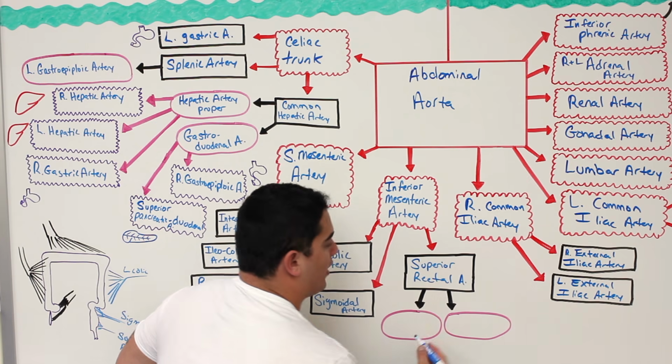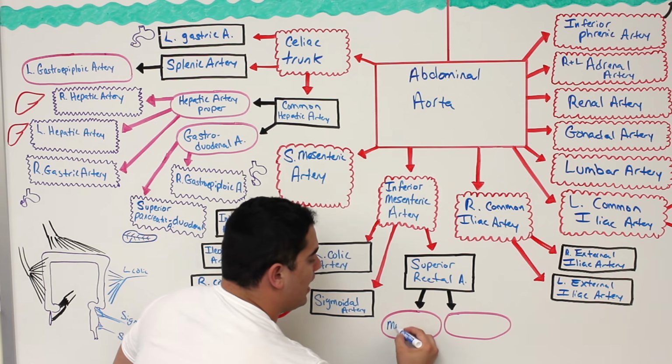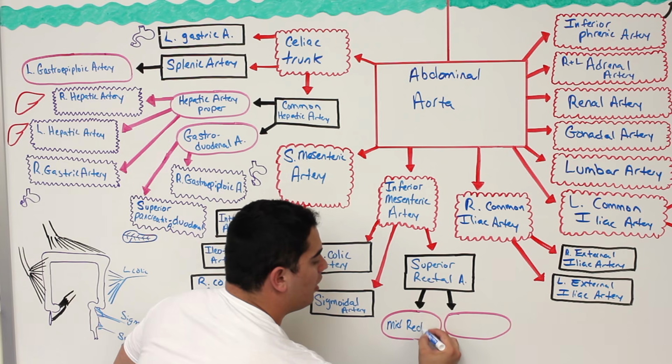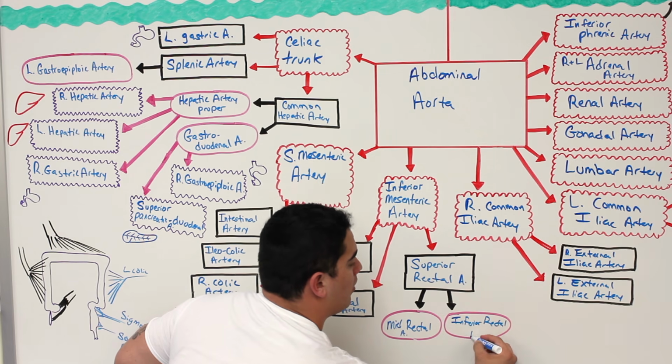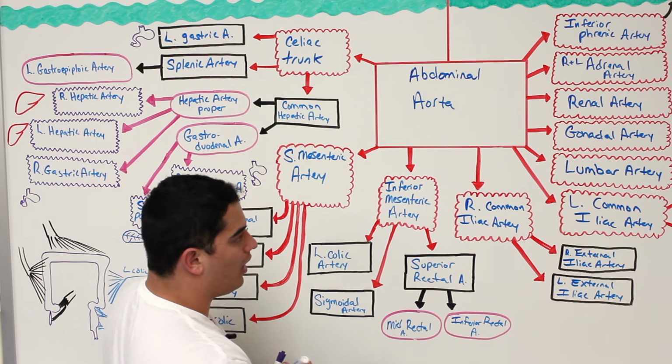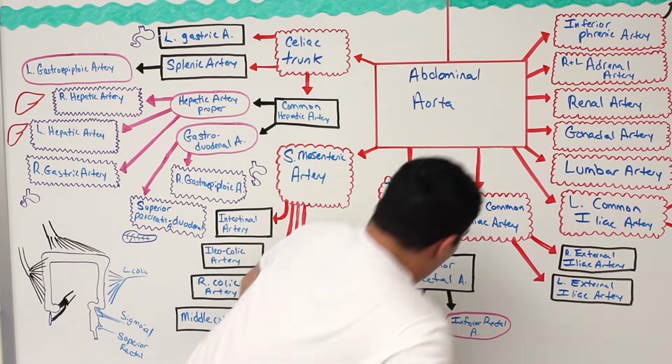Okay, and the superior rectal artery gives off two branches. One is the mid part of it, so the mid rectal artery, and the other one is actually going to be the inferior rectal artery. All right. We did a great job, guys.